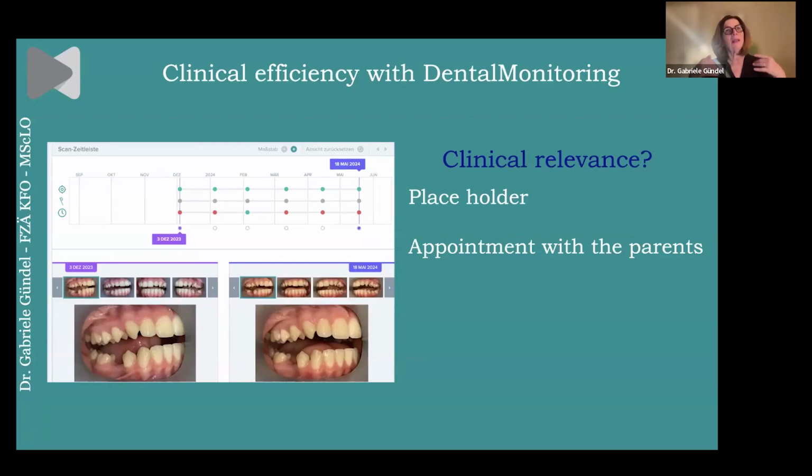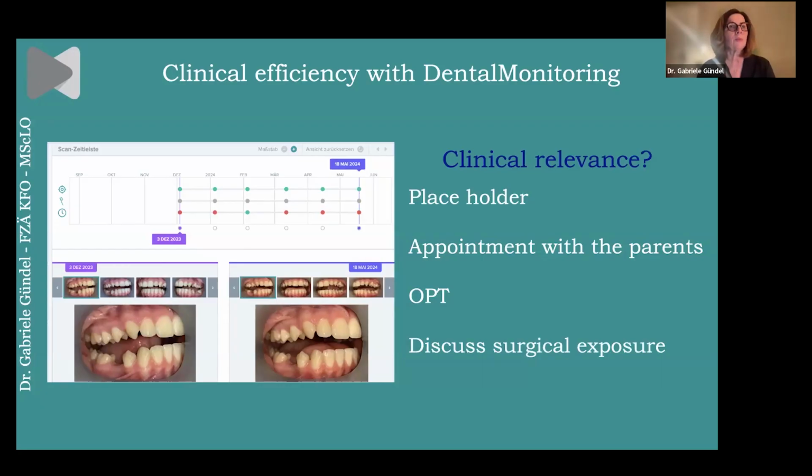if nothing is happening, no tooth eruption, then I write to the patient: we need an appointment with your parents. We need to do an OPT, and for this, the parents have to be okay with that. So we always ask the parents, can we do this radiograph with your child?